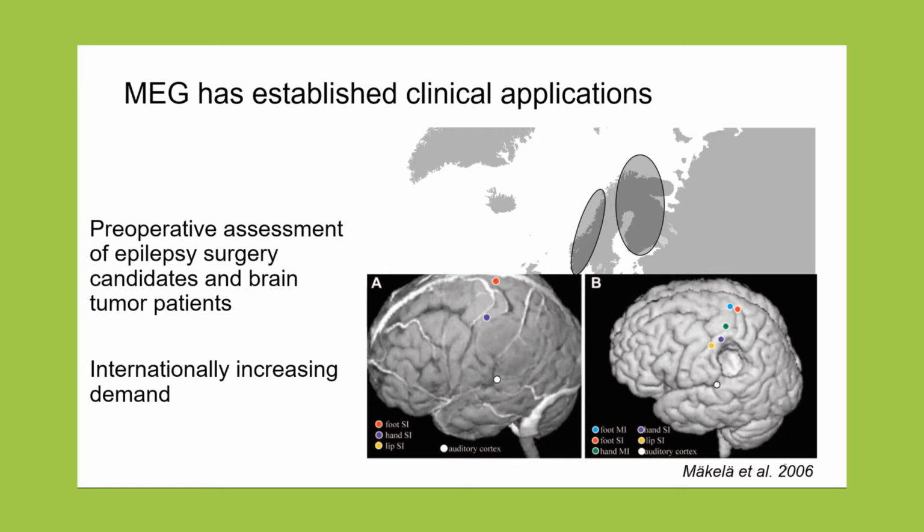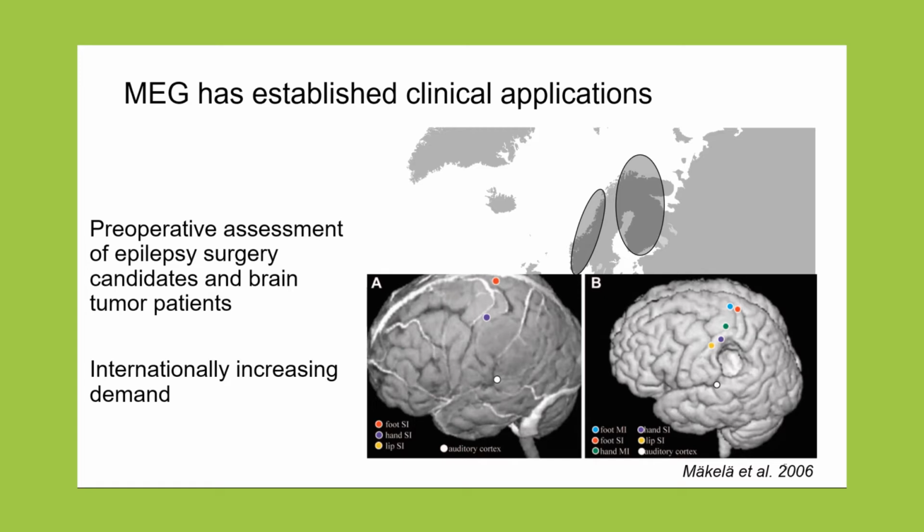And both in cases of epilepsy and tumors, MEG can be used to locate the functionally important areas, like the hand and foot motor areas, speech areas, like shown in this lower brain figure with these colorful dots. And importantly, we can locate the distance of these functional areas to the tissue to be operated for guiding the surgeon.